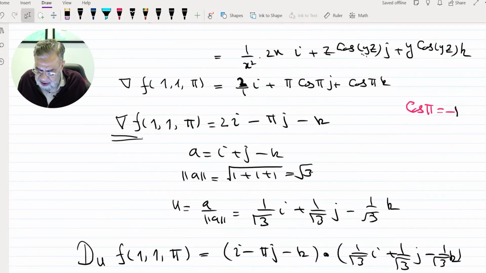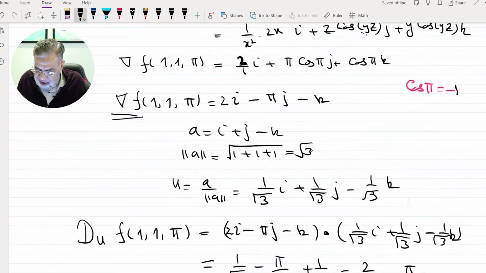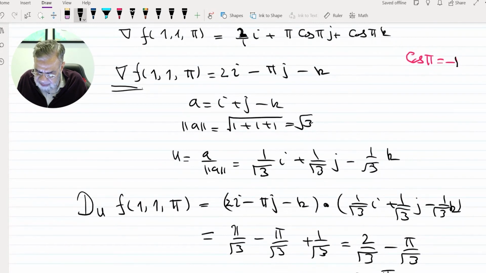Now we take the dot product of these two: 2i minus pi j minus k, and the unit vector. We get 2 upon root 3 minus pi upon root 3 plus 1 upon root 3 and then minus 3 upon root 3.